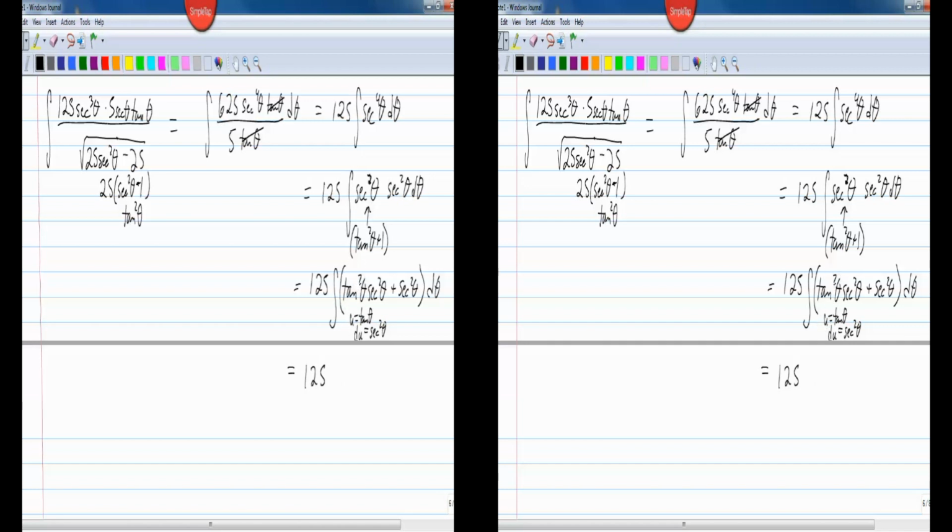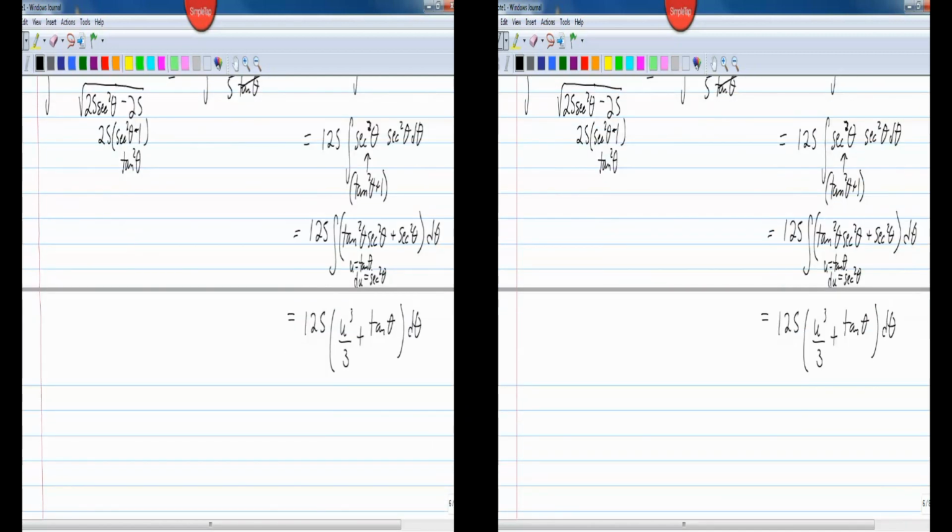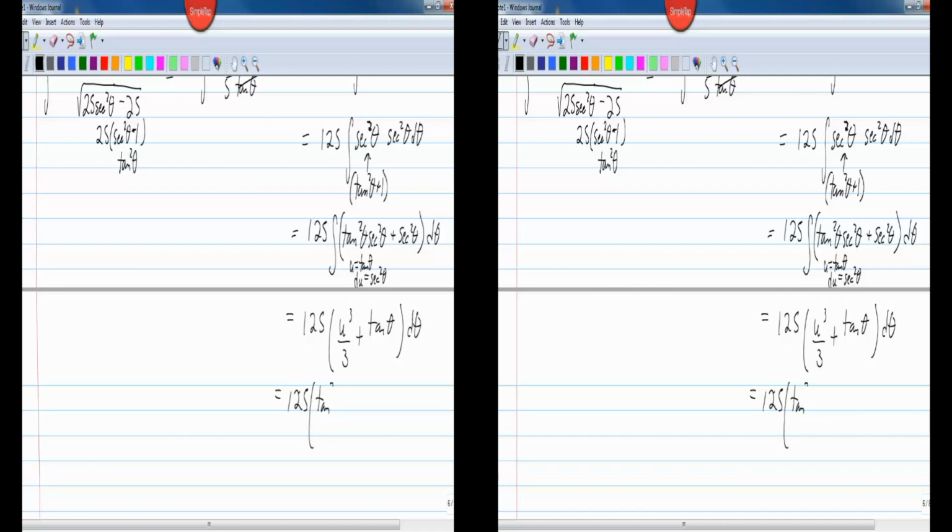If that's u squared, that's going to be u cubed over 3, plus the integral of secant squared, which is tangent. Alright, what was u? U was tangent, so that is 125 times tangent cubed theta over 3 plus tangent theta plus c. And I don't know why I put a du on that side, it's plus c.